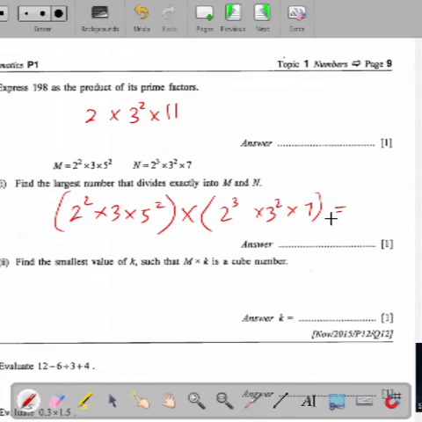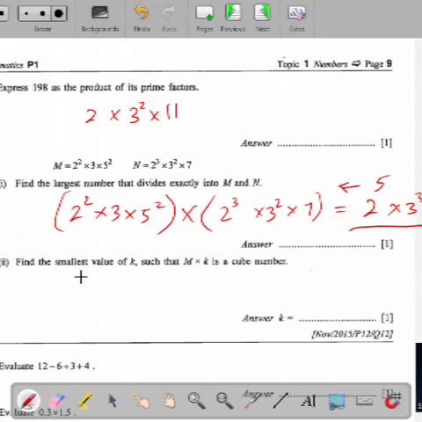So the resultant number should be written in the same form. Taking the same bases, the lowest powers: 2 power 2, 3 power 1, giving the largest number that divides exactly into M and N.